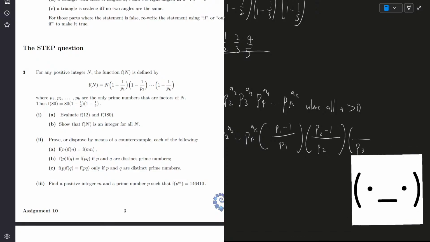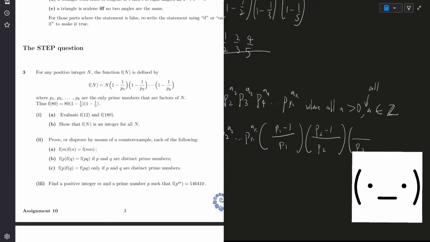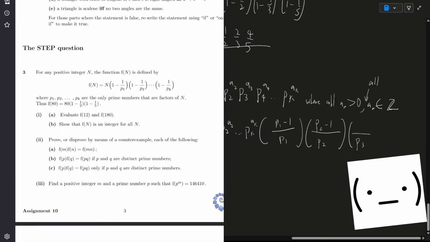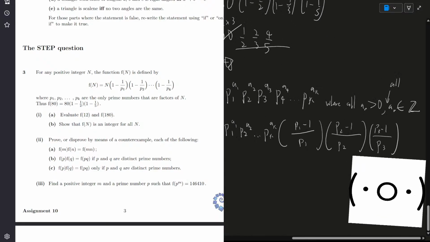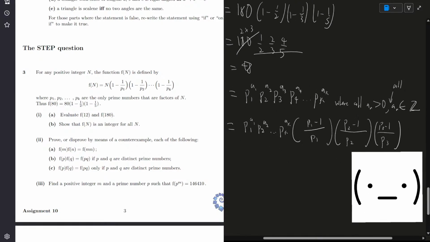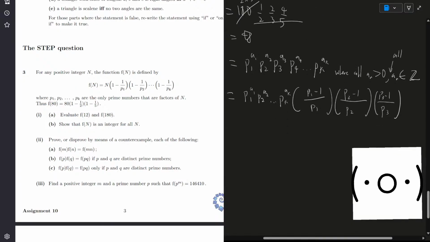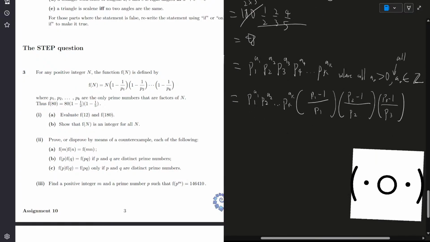Good. So this isn't particularly interesting. We're just drawing up some nice little words. So now we just write the same thing as before.